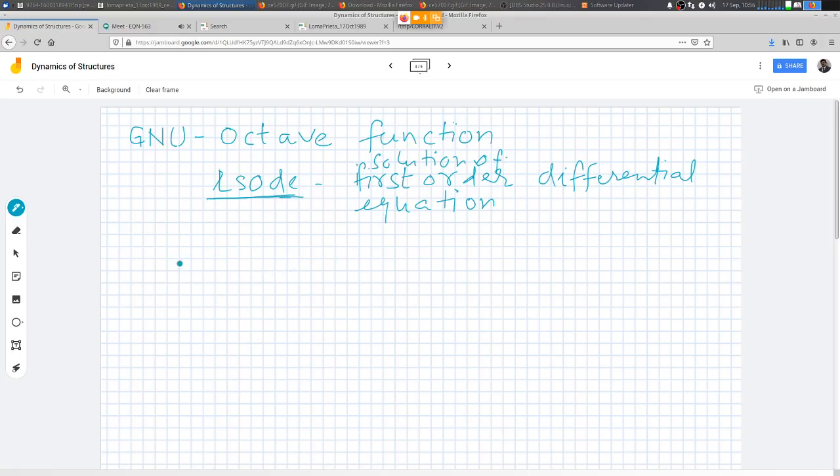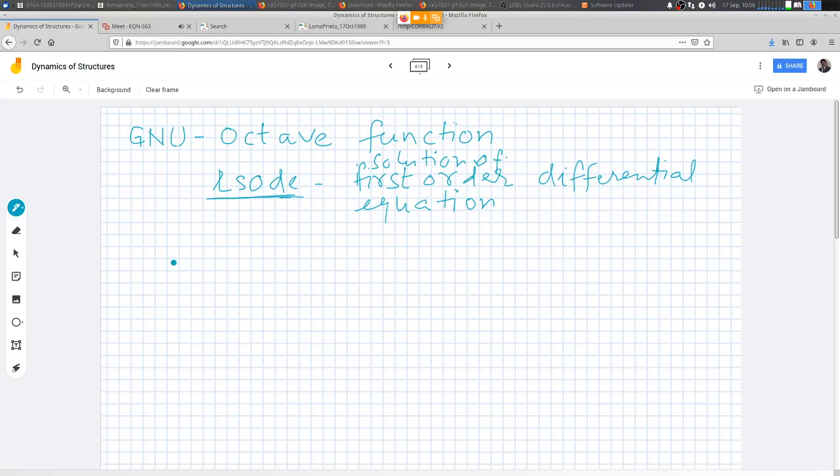So now the question is, how do you convert a second order differential equation into a first order differential equation? LSODE, you can read the man page help file. You just need to provide a function, which is the gradient function you need to integrate, and the time range for which you need to solve, and that's it, and then it will give you the solution.